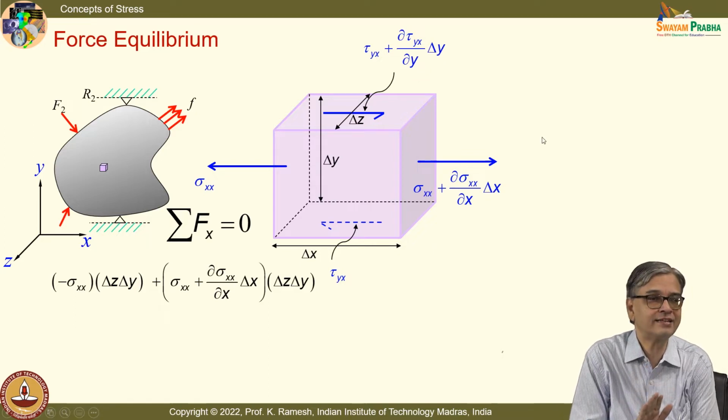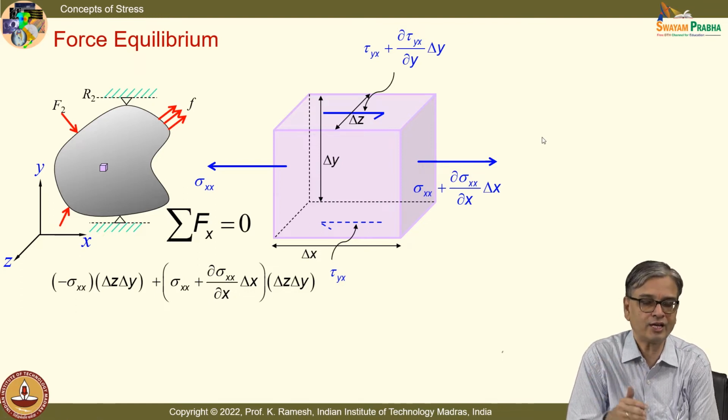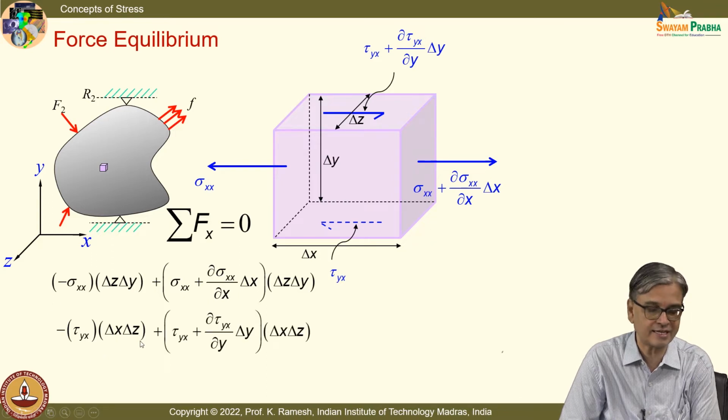If you understand this, rest of this is straightforward, no difficulty at all. Now I can also find out the quantities related to force. So I have minus tau yx delta z, that is the area, plus tau yx plus dou tau yx dou y delta y into delta x delta z.